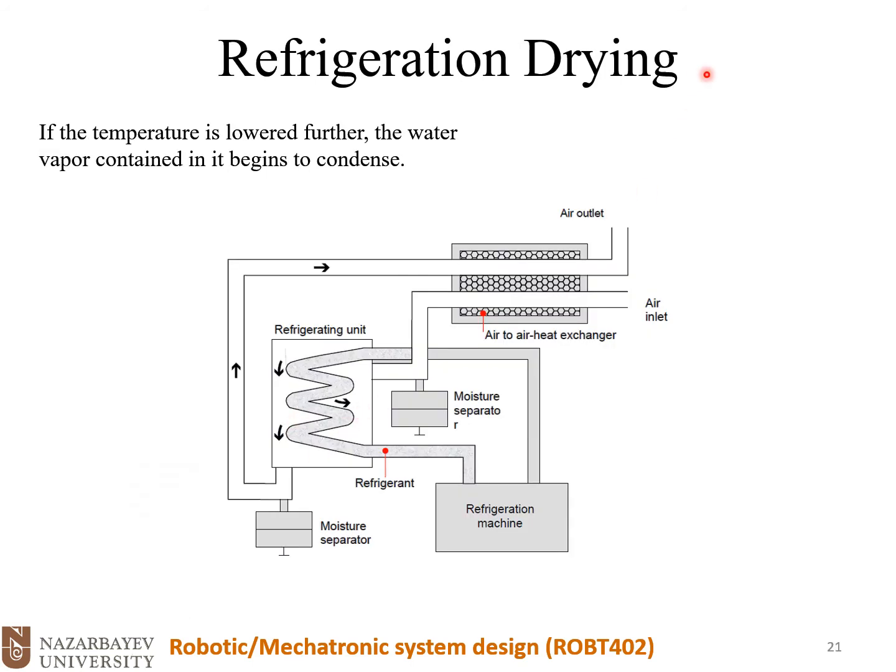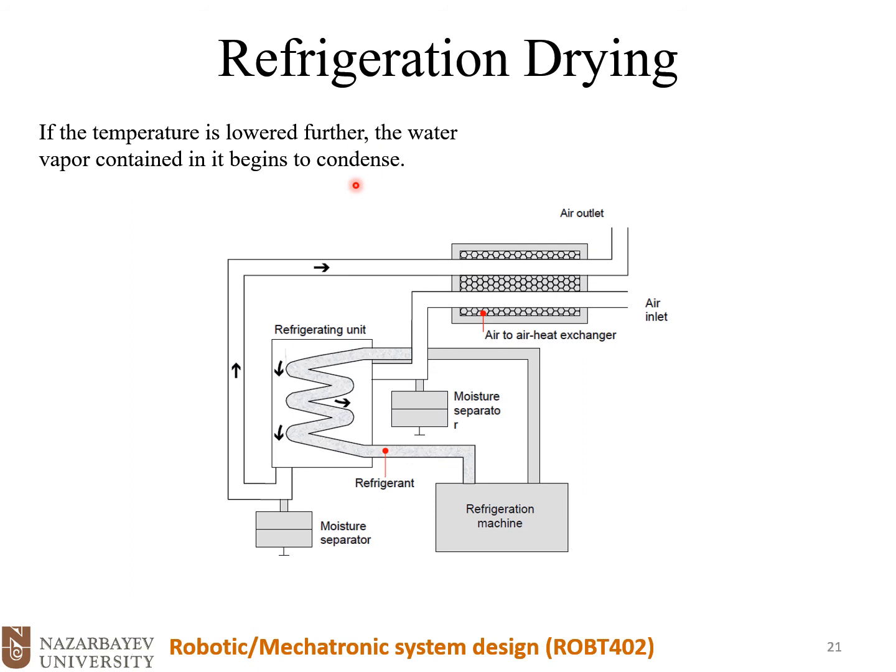Another type of drying unit is refrigeration drying. In refrigeration drying, if the temperature is lowered further, the water vapor contained in the air begins to condense.